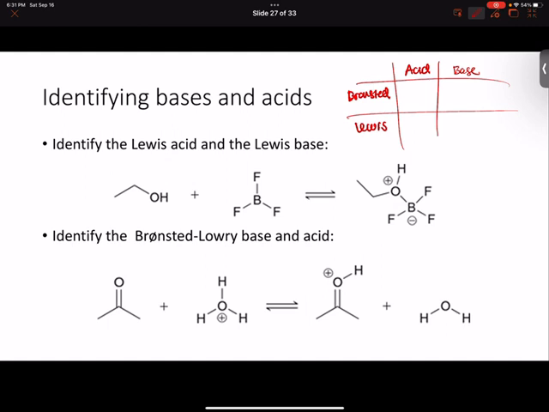And I know the definition for Bronsted base. So Bronsted base is gonna be a proton acceptor. So this one's gonna be a donor. And Bronsted has to do with protons. Proton donor. Then our Lewis, it has to do with electron pair.